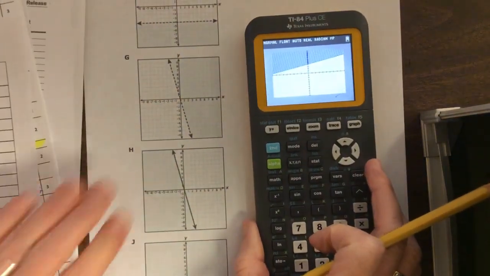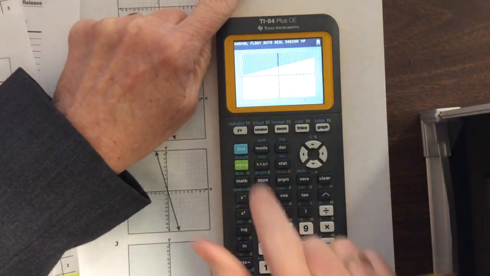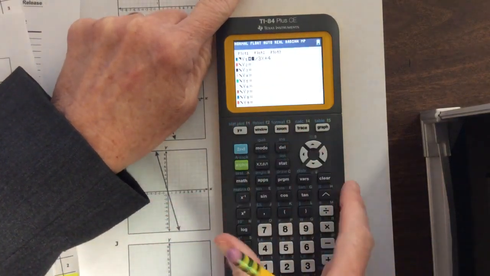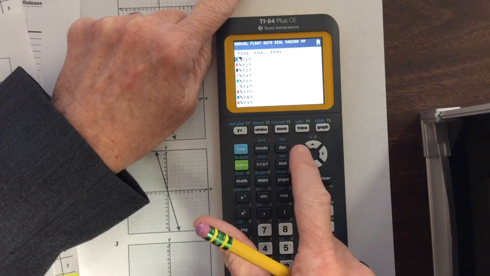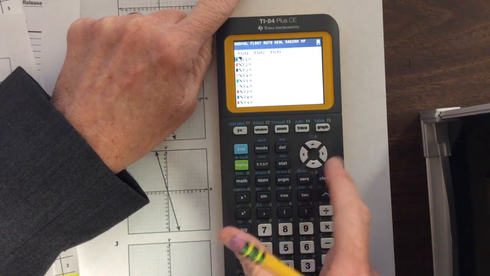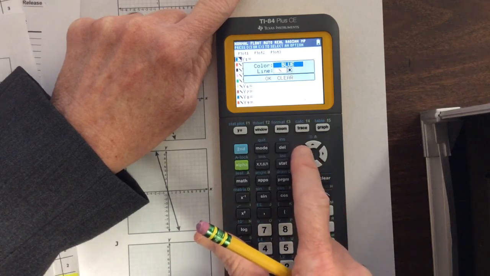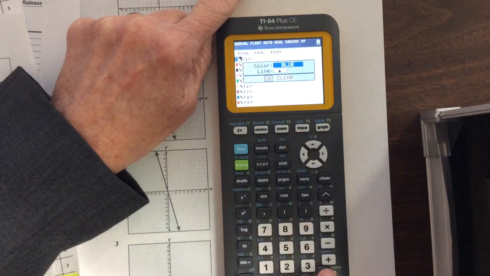Last one. Which graph best represents the set of y is less than -4x? We're going to do the same thing. Y equals, clear that out. I'm going to go over here and change this to less than.